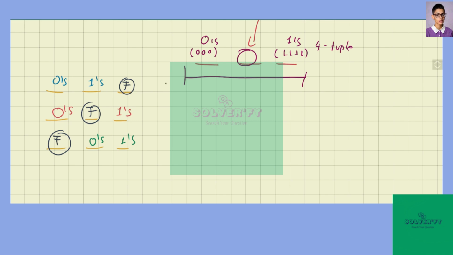Each free choice has 2 ways to put a number there. So the total number of possible choices is 6, right? But we need to be careful because we can interchange these 2 groups. We can put the ones first and then the zeros. So for each of these we have another arrangement, so the double. So 2 times 6. And this is the number of the intersection.